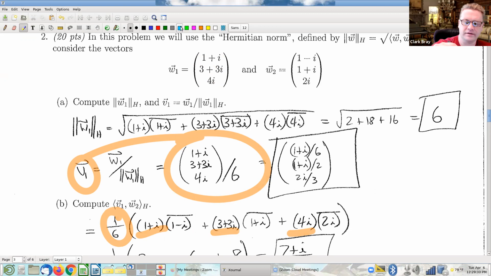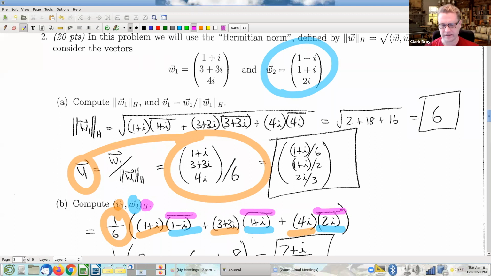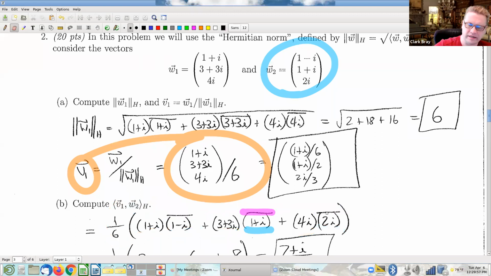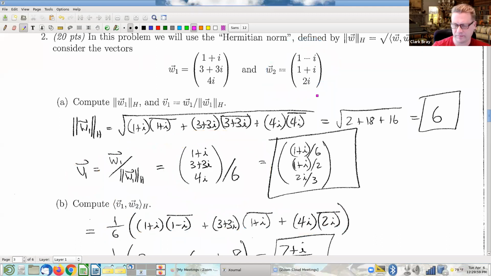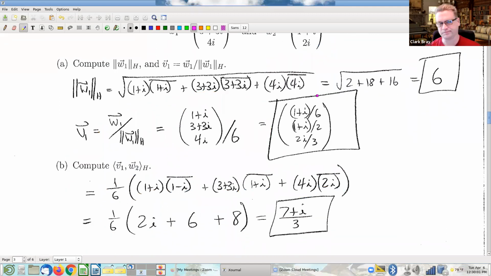And then W2, its components are right here. Don't forget that in the Hermitian dot product, as a reminder, we conjugate the vector on the right. So again, a bunch of arithmetic, not that bad, but punch it up and there's an answer.